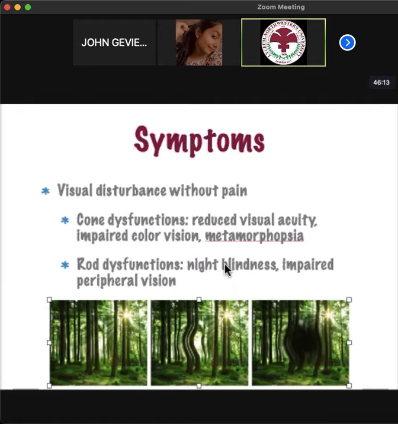It's one of the triad of this disease: nyctalopia, night blindness. That's your retinitis pigmentosa. So if you have impaired peripheral vision, maybe you have rod dysfunction. Very important to know, cones are abundant at the center, and on the periphery, rods are more abundant.